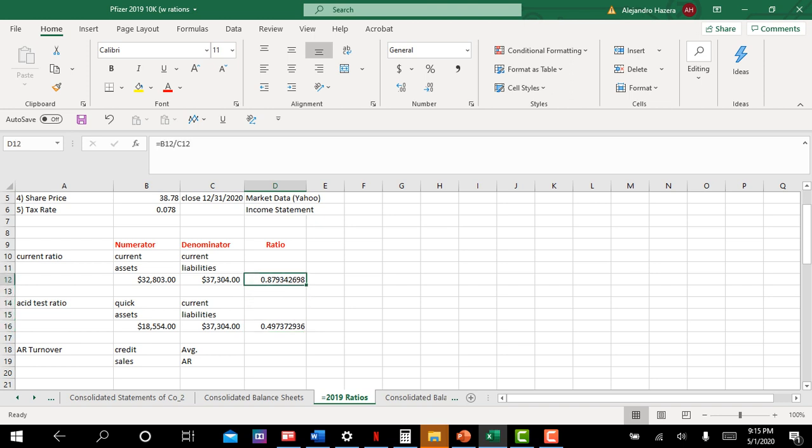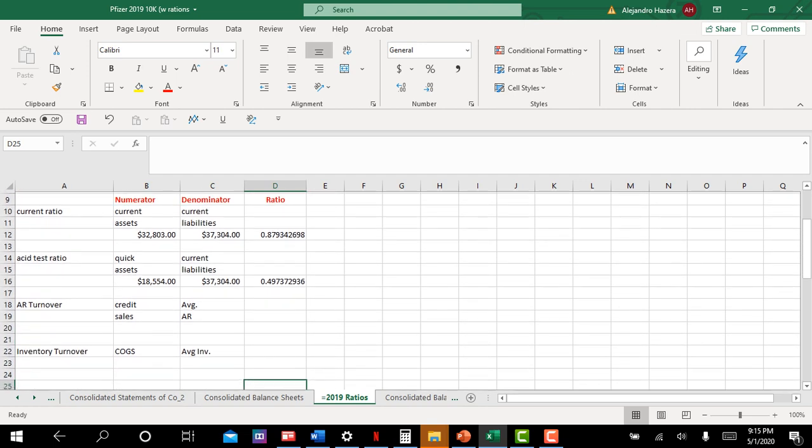The current ratio was saying you have more or less 88 cents in current assets to pay off your current liabilities. But when you only include the most liquid ones, that ratio goes down to 50 cents.